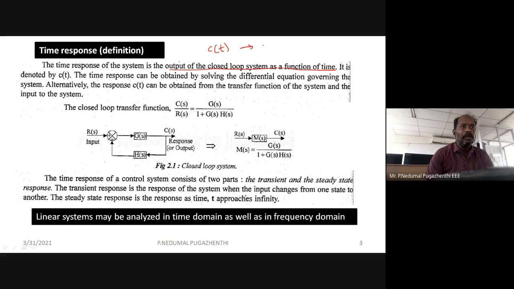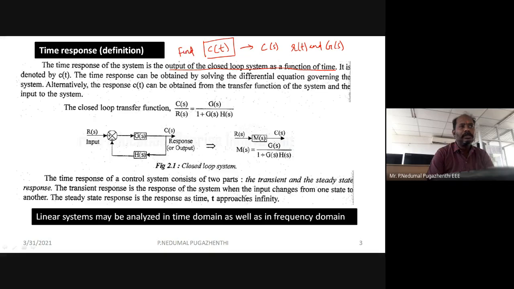If you take Laplace, you will get C of s. So getting C of t is the ultimate aim, if you know your R of t and your system G of s. So what is the ultimate aim of time response analysis? To find C of t.